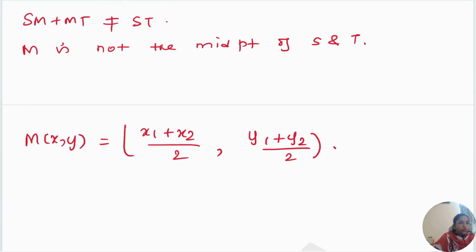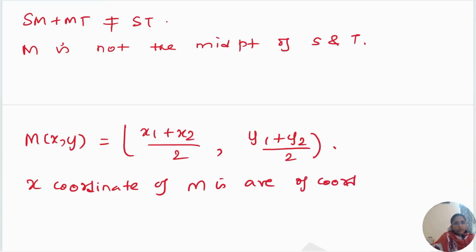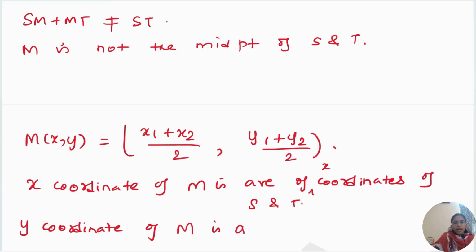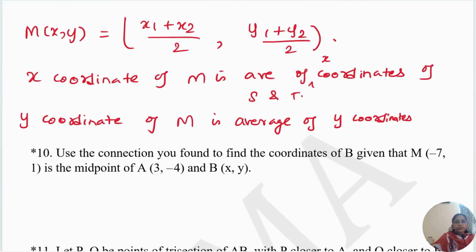That is the x coordinate of M. The x coordinate of M is the average of the x coordinates of S and T. And similarly the y coordinate of M is the average of the y coordinates of S and T. That's all.